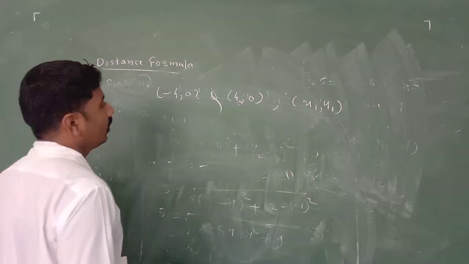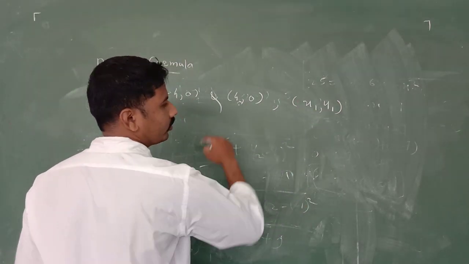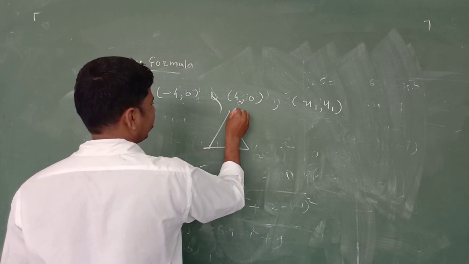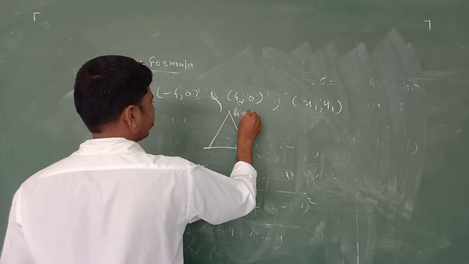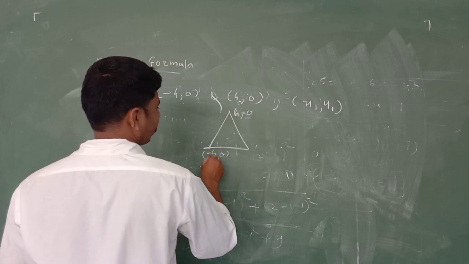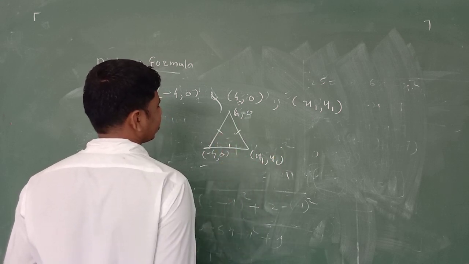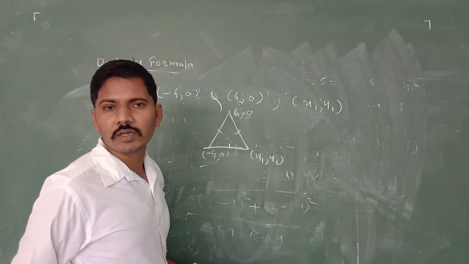So 3 vertices are there, the third vertex we have to find out, x1 and y1. This is an equilateral triangle.